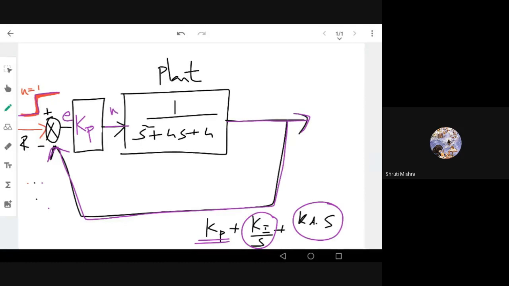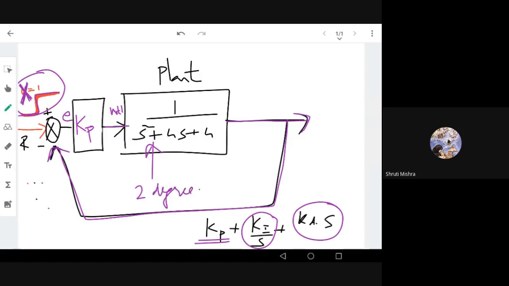Here I can say it is u(t) or something. The input is, say for example, x. Let it be x, not u. So the controller output is u, and this u should be capable enough so that the plant output is like the step signal, right? You can say this is a second order plant, second degree plant.